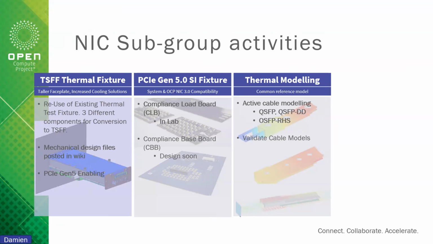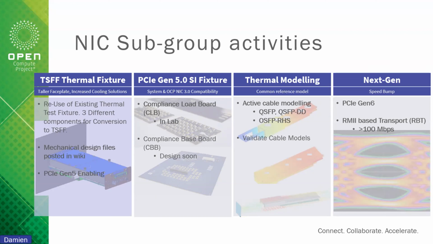Now they are working on the OSFP IHS cable modeling, which is supported by the enabling of the tall small factor NIC. Of course, when we develop a model, we have to validate the model to ensure accuracy. So this will be a subsequent focus area for the thermal group.